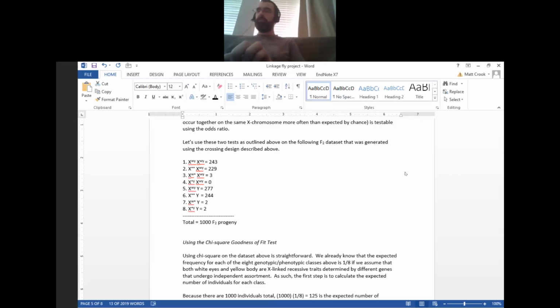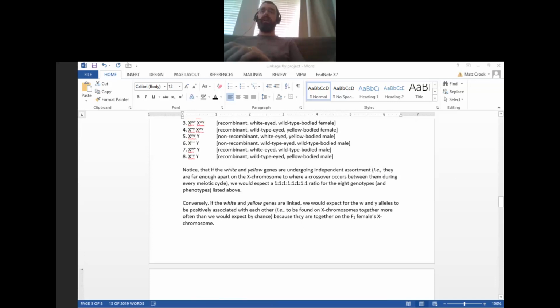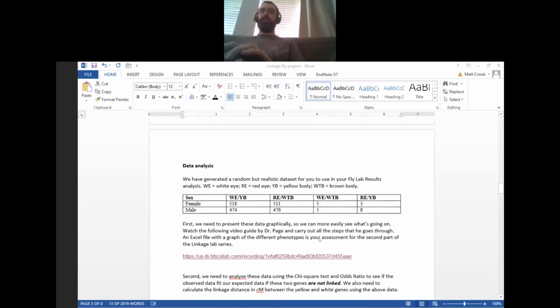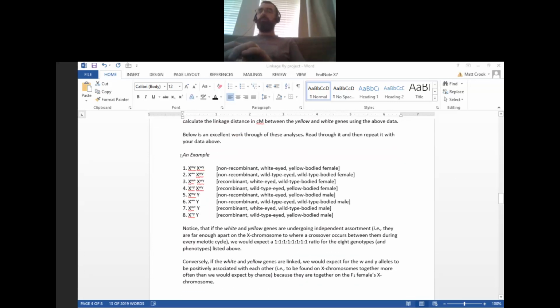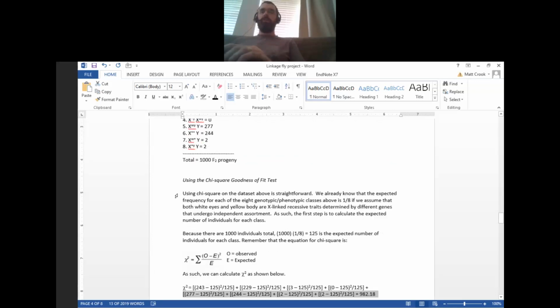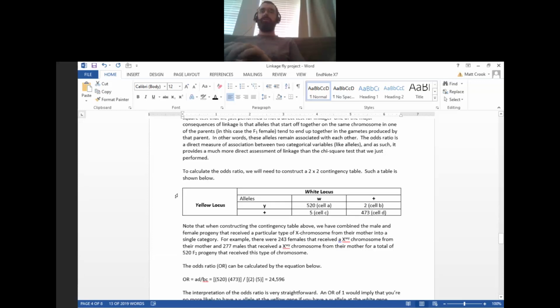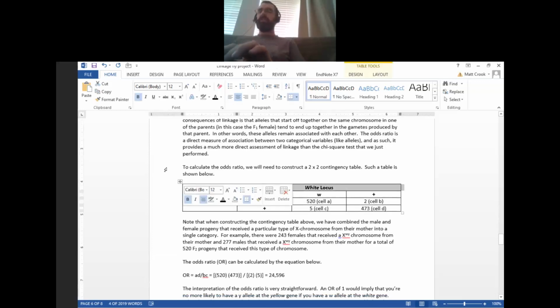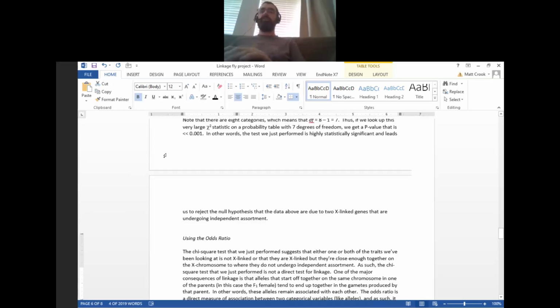Hang on. Yeah, the walkthrough here that we have for the data analysis, this example on page 5, what page is that? 4, all the way going down to page 6 with the odds ratio is an example. You'll need to calculate all of this stuff yourself.